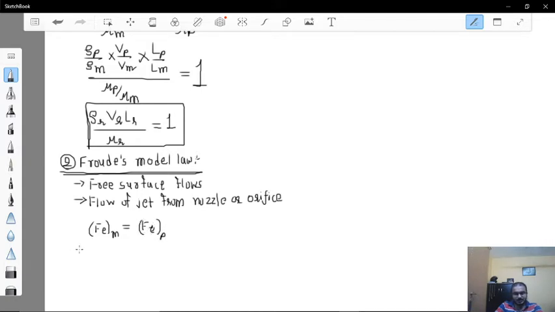So here Vm divided by square root of Gm Lm is equal to Vp divided by square root of Gp Lp.